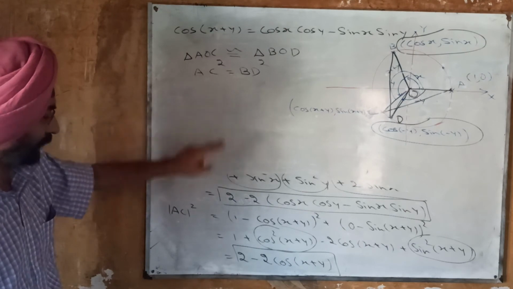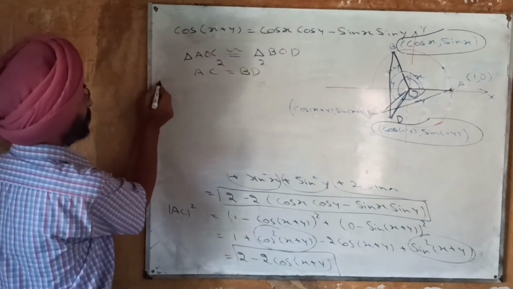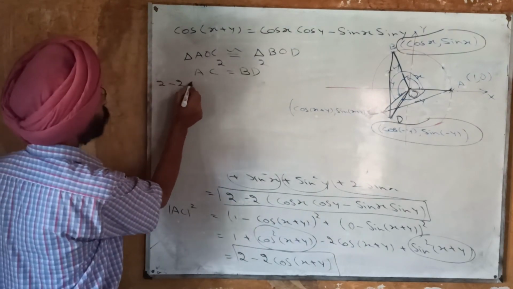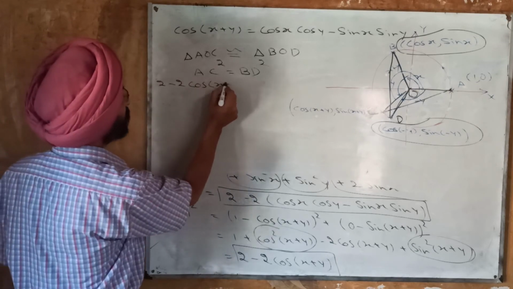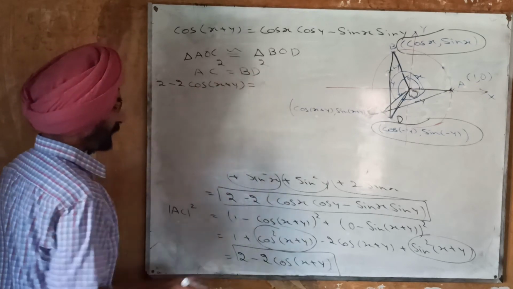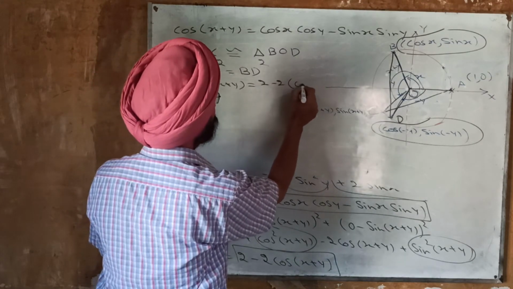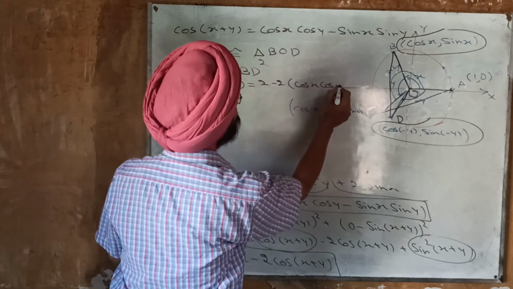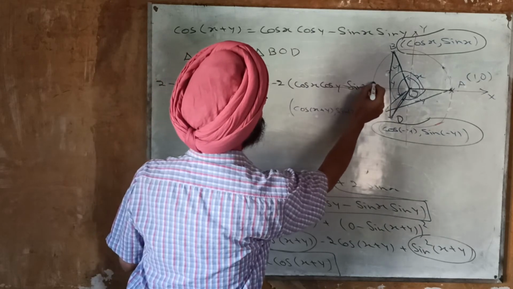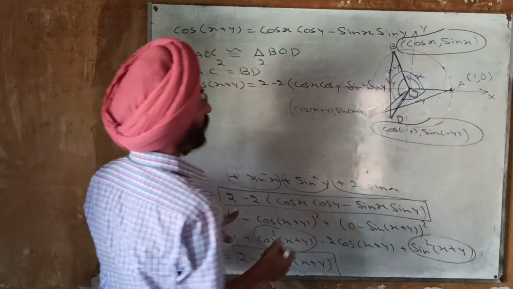So AC square, 2 minus 2 cos(x+y), is equal to BD square, which is 2 minus 2 times (cos x cos y minus sin x sin y).